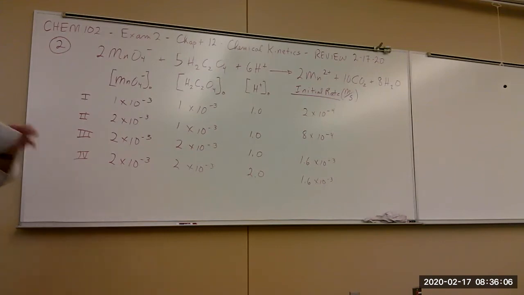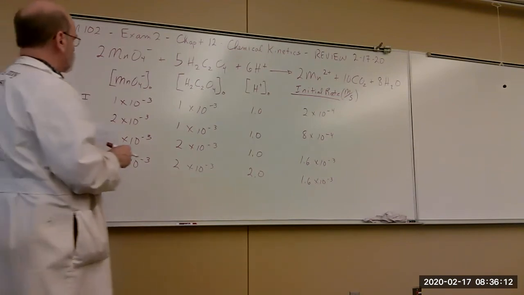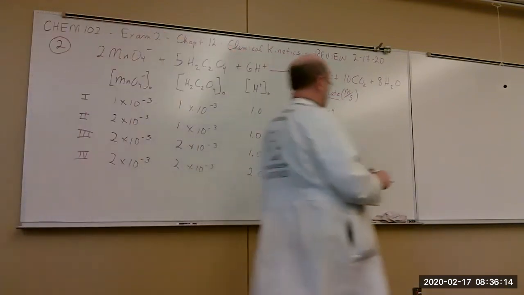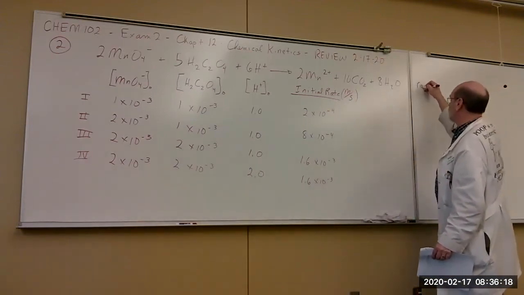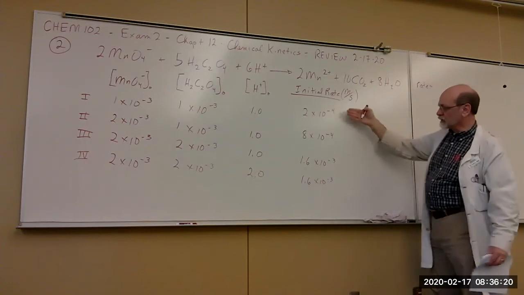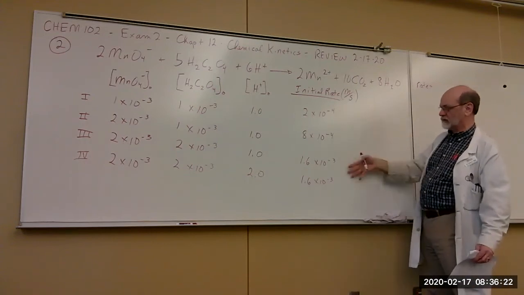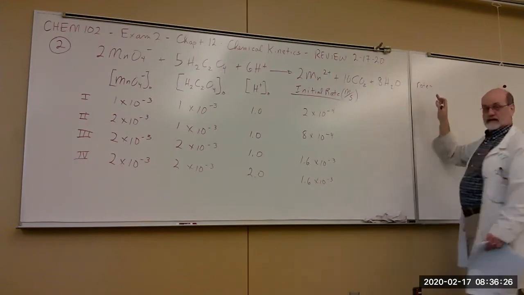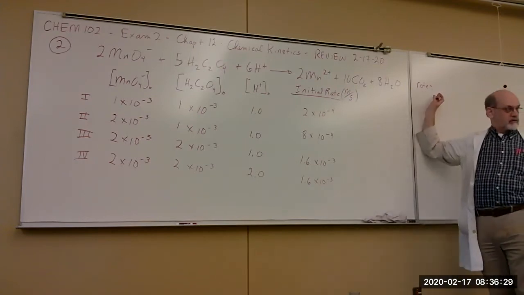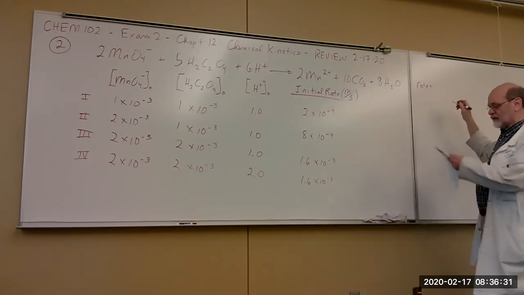Now the trick is to know which comparisons to make. So if we write the rate law, what would the rate law look like? The overall rate, which is equal to this value for each experiment, right? And the rate is also a variable. It will change depending on these factors.